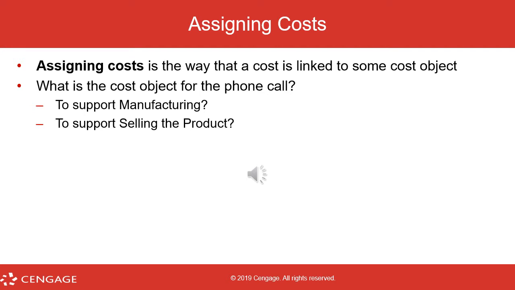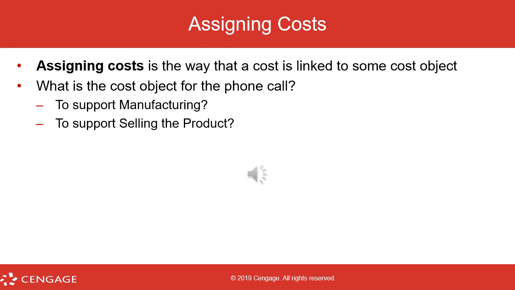Assigning costs is the way that a cost is linked to some cost object. A cost object is something for which a company wants to know the cost. For example, of the total phone expense, how much was for the sales department and how much was for manufacturing. Assigning costs tells the company why the money was spent.